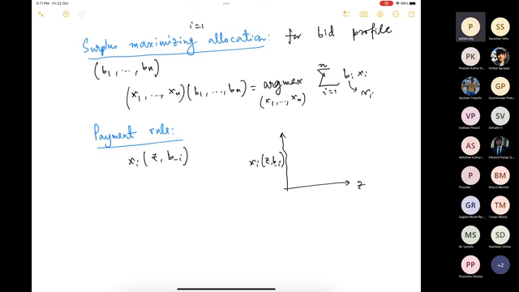Yes, that's why I write bi, because when you are defining an allocation rule, allocation is a function from bids to allocations. So I am defining an allocation rule, and an allocation rule by definition is a function from bid profile to allocations. That's why I did not write vi there, but you are right.